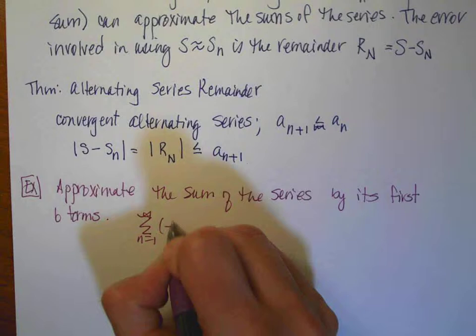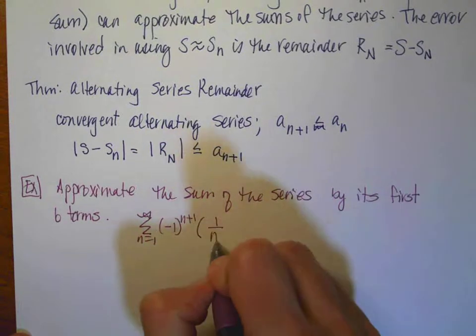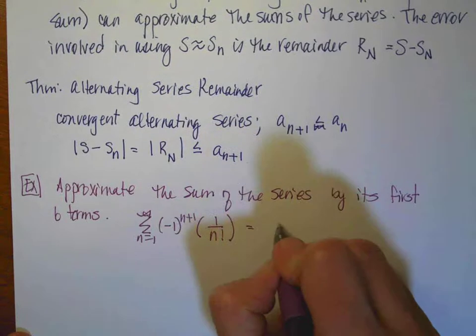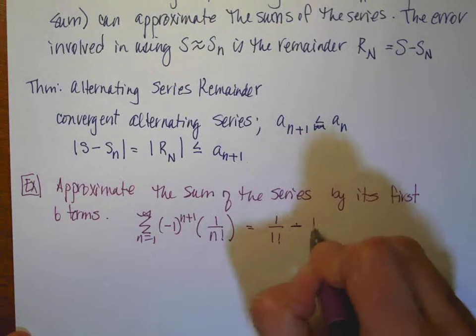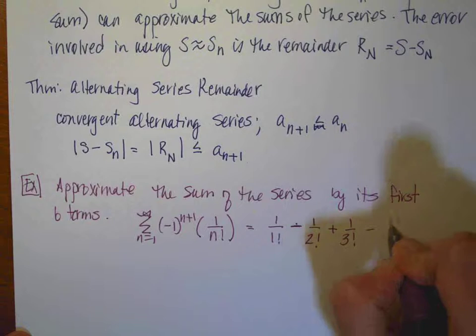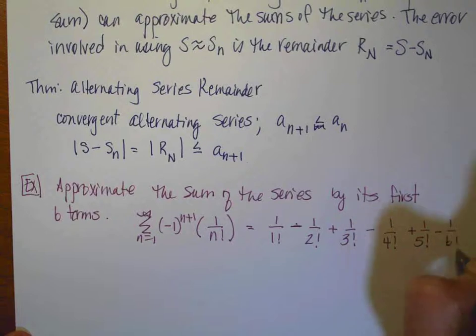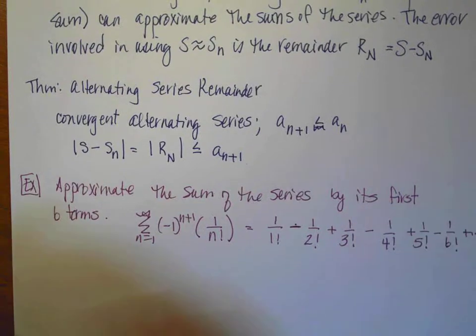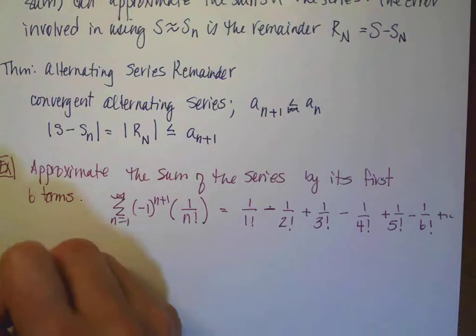So our a sub n is going to be negative 1 to the n plus 1, there's our alternating part, times 1 over n factorial. So this is 1 over 1 factorial minus 1 over 2 factorial plus 1 over 3 factorial minus 1 over 4 factorial, plus 1 over 5 factorial, minus 1 over 6 factorial. Okay, so those are the first 6 terms of our series.